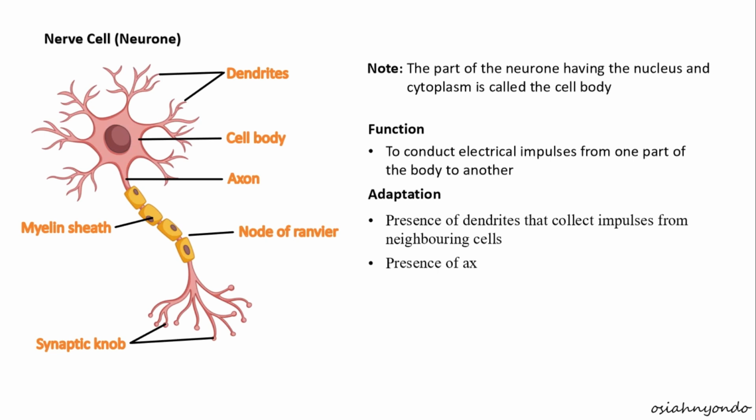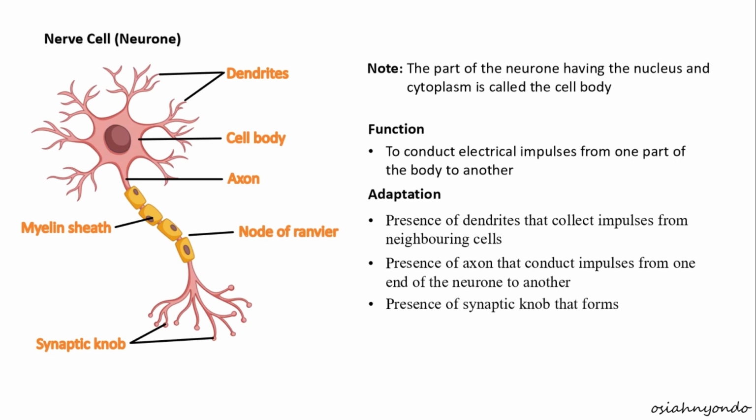Second one. Presence of axon to conduct impulses from one end of the neuron to another. The third one. Presence of a synaptic knob to form a link with other neurons. So these are some of the adaptations and also the function that you need to know about this cell.